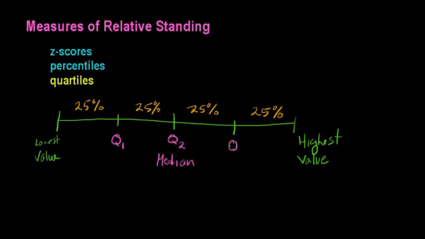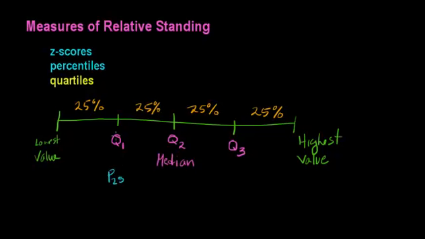And then Q3 is the value in the data set that has 75% of the values lower than it. So if Q1 represents the mark where 25% of the values are lower, this is also what we would call P25, right?